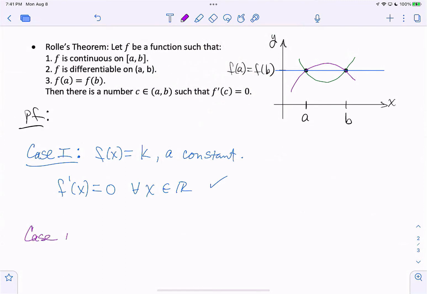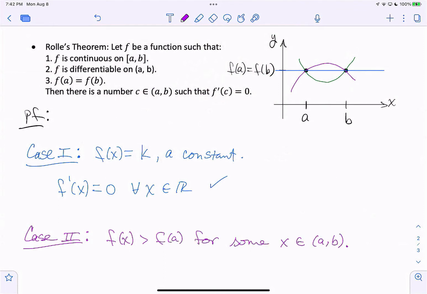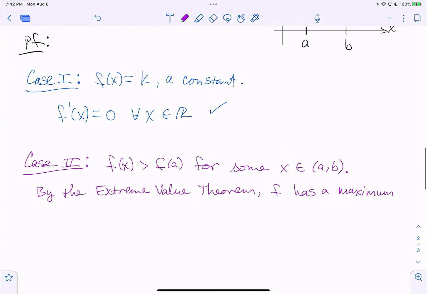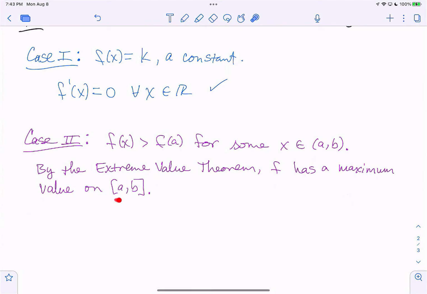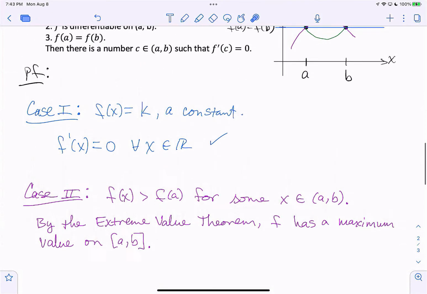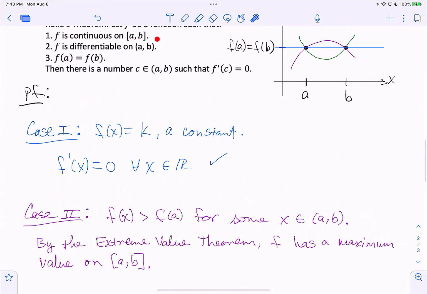Case 2. f of x is greater than f of a for some x in the open interval between a and b. By the extreme value theorem, f has a maximum value on the closed interval from a to b because f is continuous.